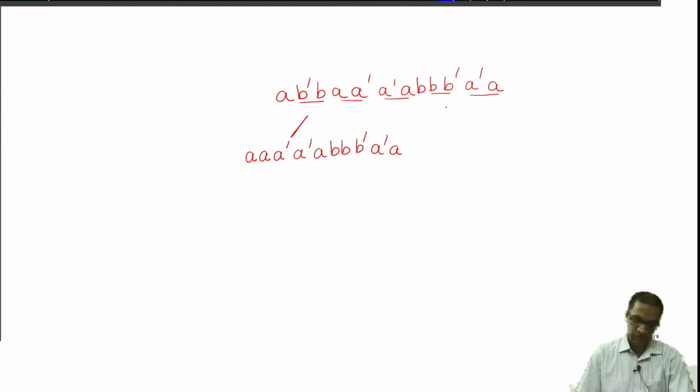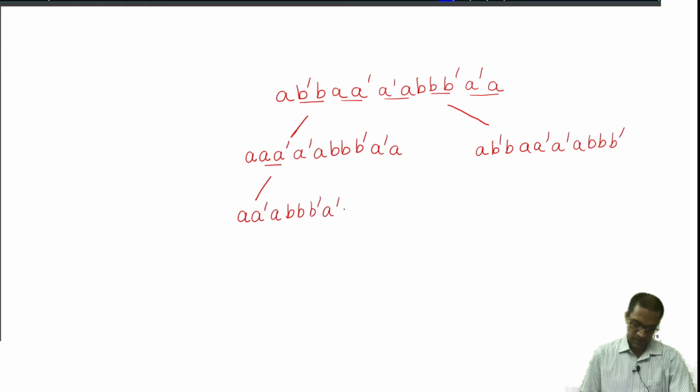Or if instead of the first pair I choose to collapse the last pair, a prime a, then that's like a b prime b, a prime, a prime a, b prime. Okay. Now as you can see, you can keep going. So I apply, let's see, what shall we apply next? Suppose I collapse this a prime, then it becomes a prime a, b prime, a prime a.